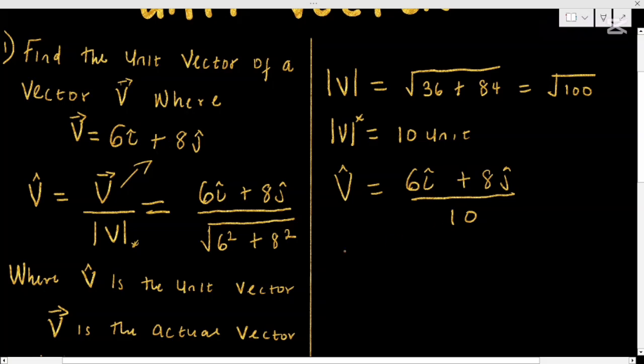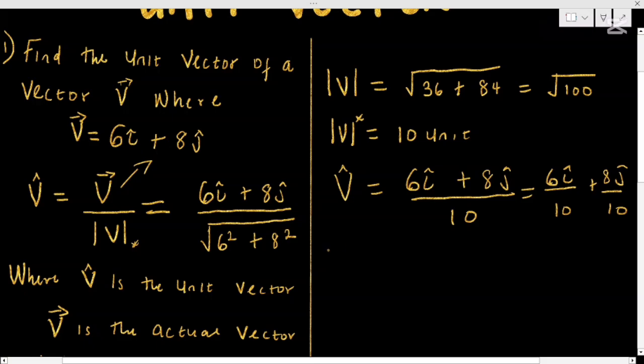Where do I get my 10? My 10 is what? The magnitude of vector v. So we can rewrite this as 6i over 10 plus 8j over 10.